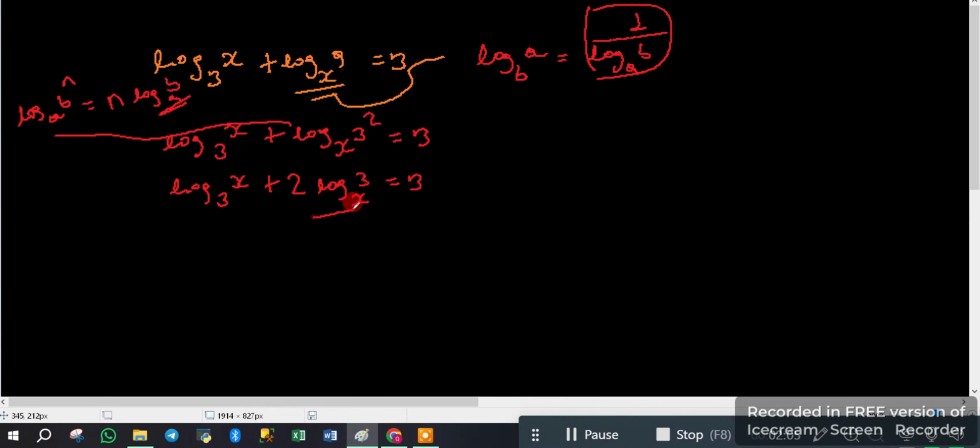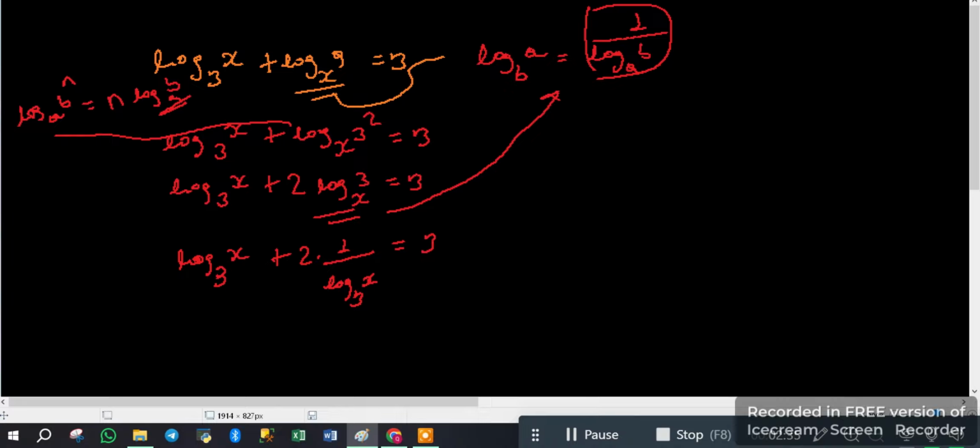So now you have to use this relation to change this one. It will be log x base 3 plus 2 times 1 over log x base 3. So we flip the logarithmic function using this relation, and it is equal to 3.